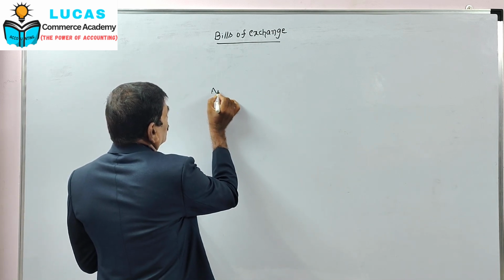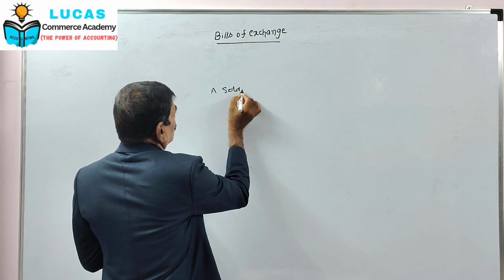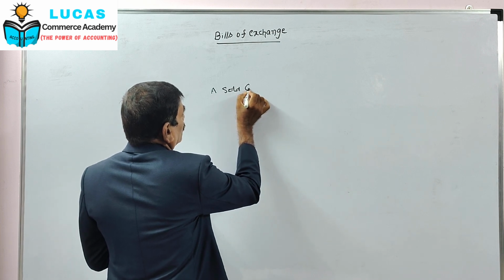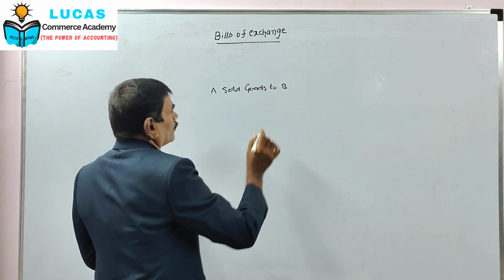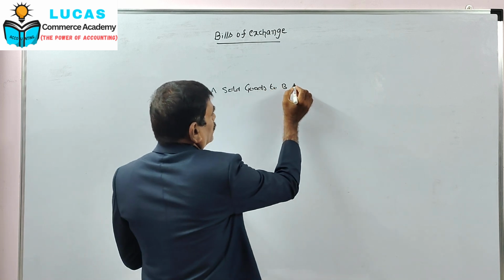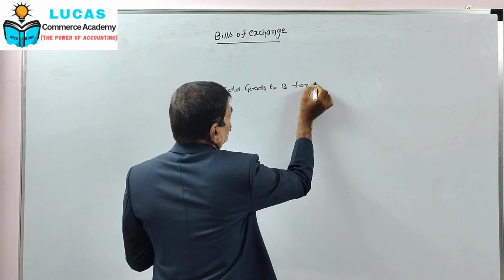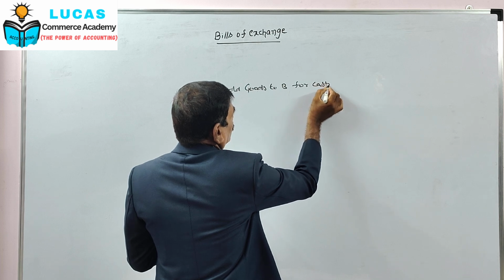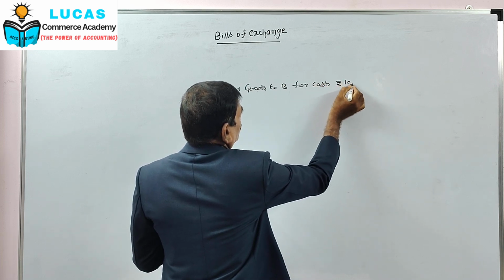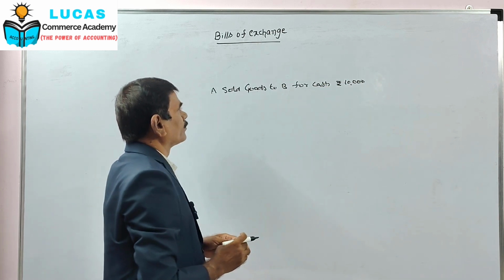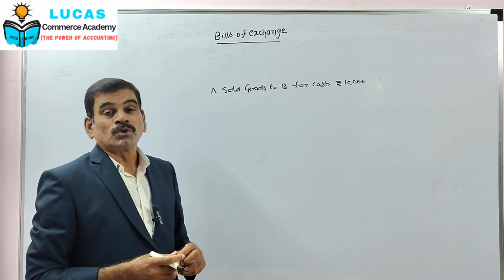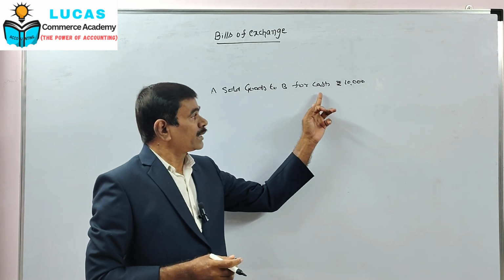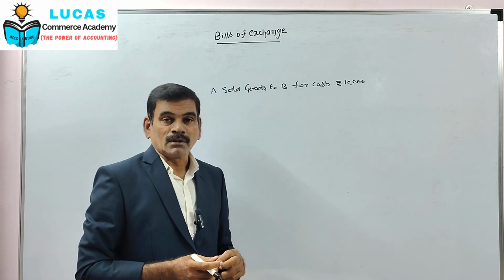Suppose A sold goods to B for cash, say rupees 10,000. Here A sold goods to B for cash rupees 10,000.